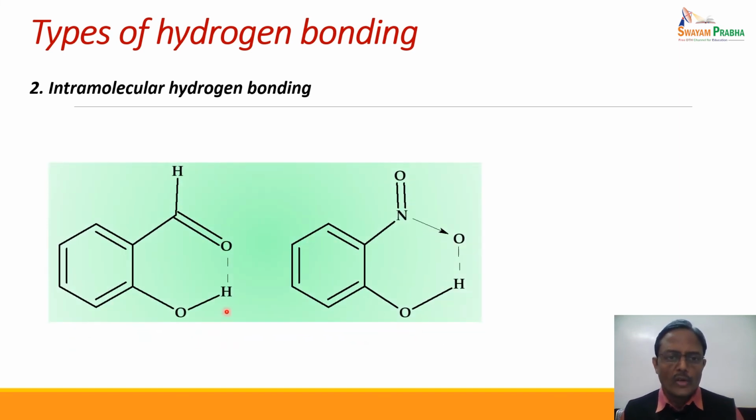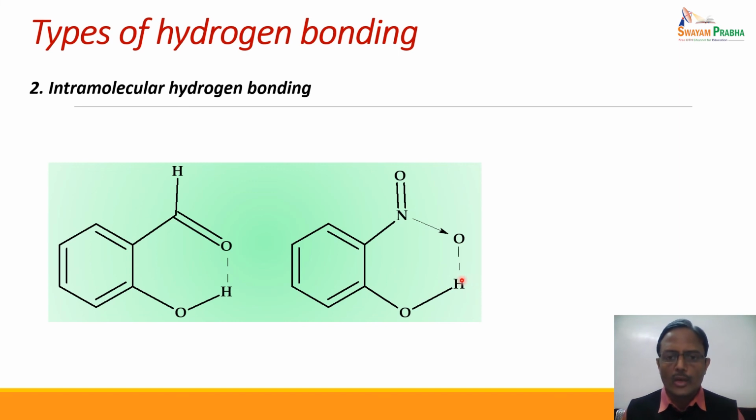This is when the hydrogen atom and an electronegative atom both exist in the same molecule. For example, this is the salicylaldehyde molecule. We have an OH group on one side and a CHO group on the other side. The oxygen atom of the CHO group attracts the hydrogen atom of the OH group, leading to the formation of a hydrogen bond between them.